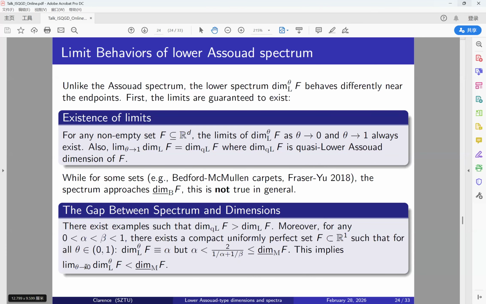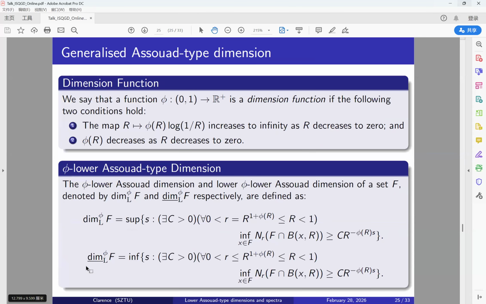A natural question is to say, since we see the phi upper dimension can successfully interpolate from the upper box dimension to the alpha dimension, is it possible to see the phi lower dimension also interpolate from the lower dimension to the lower box dimension?